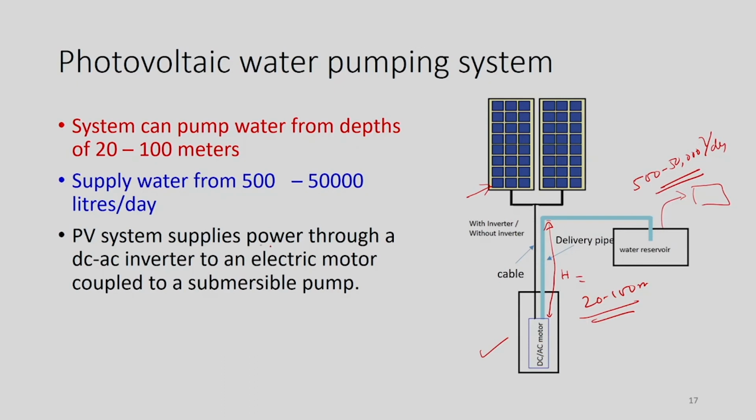So, this PV system supplies water through a DC-AC inverter, okay, to an electric motor coupled to the submersible pump. Okay. Sometimes there are DC cables if no inverter is connected; if an inverter is there, then these will be AC cables, okay, and this will run on alternating current, right. Otherwise, if an inverter is not there, these are DC operated systems, right.